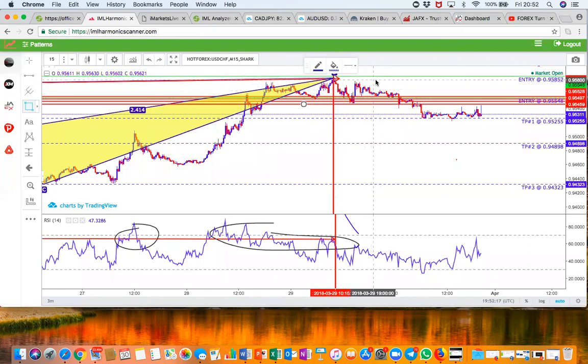Can you see, guys? They gave us 2 entries here. That's entry 1 there, and then another one here. But if you have missed both of those trades, here where we have drawn this support and resistance line, you can still get into that trade by market execution. You could have entered there, where you could have put a pending order, or this one.